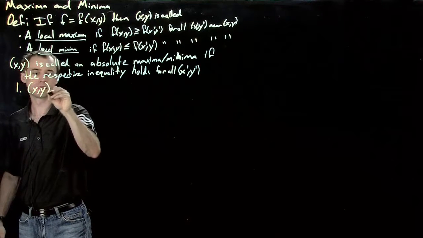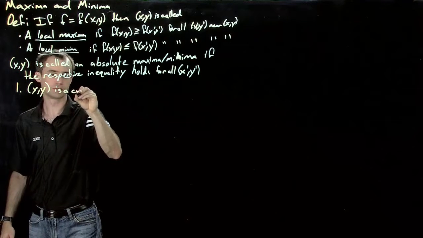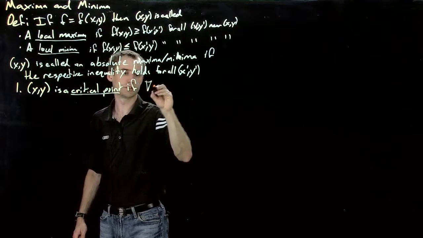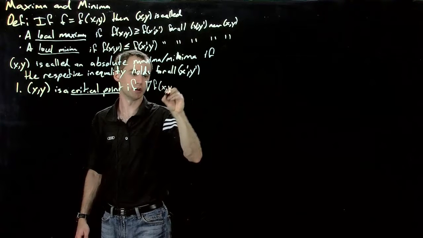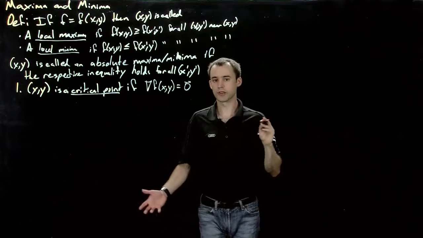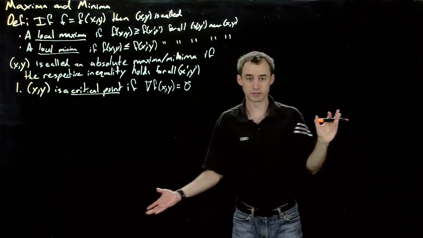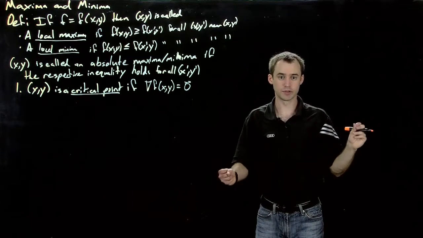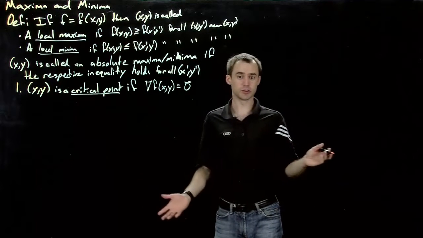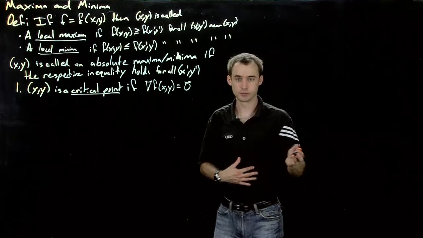So, first step, (x,y) is a critical point if the gradient of f at (x,y) is equal to the 0 vector. Now we ask, what is going to be our second derivative test? Well, this turns out to be the determinant of a matrix called the Hessian.